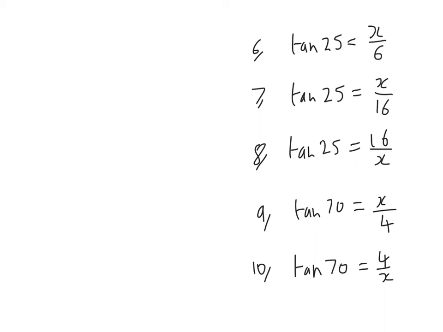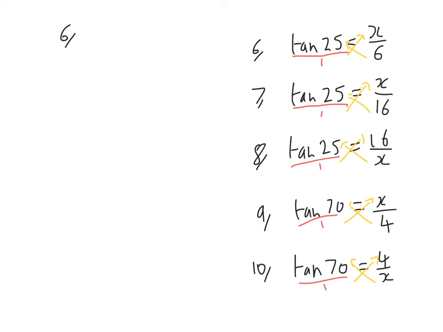On the second side, again, we want a fraction equals a fraction, so we make this number over 1. So tan 25 is whatever wholes. And then because we've got a fraction equals a fraction, we can cross multiply. So what does that produce?